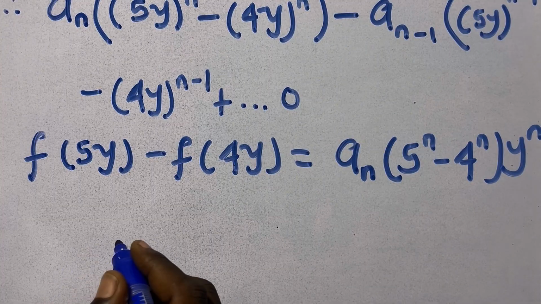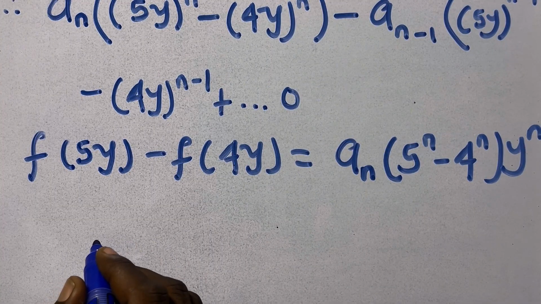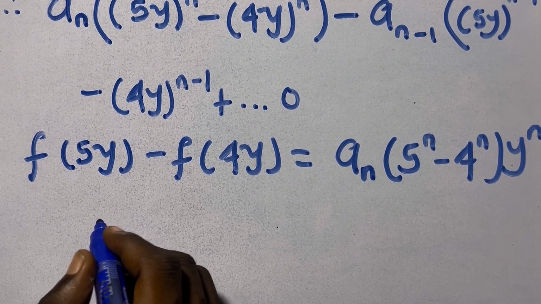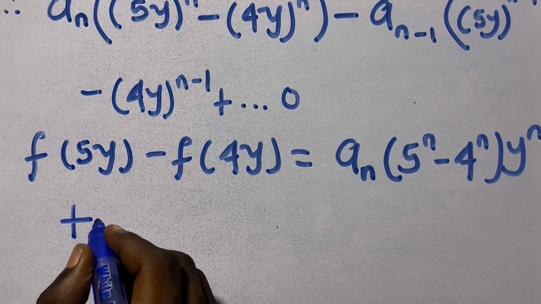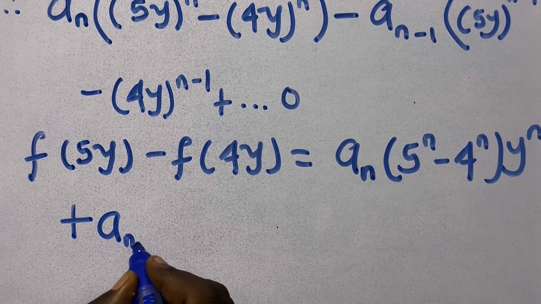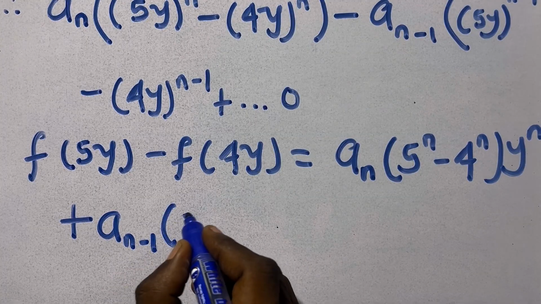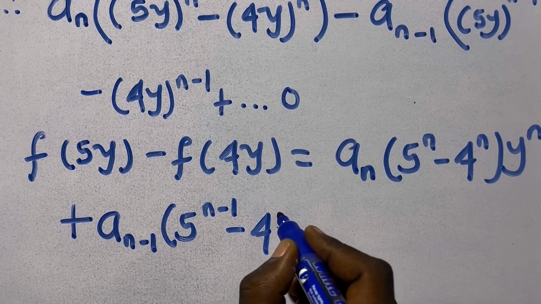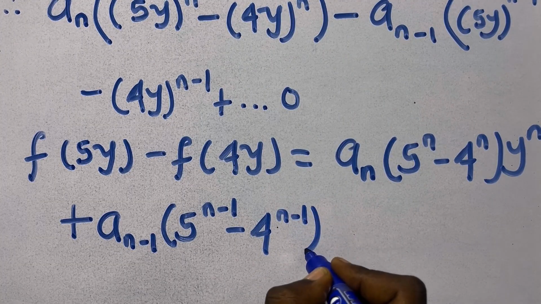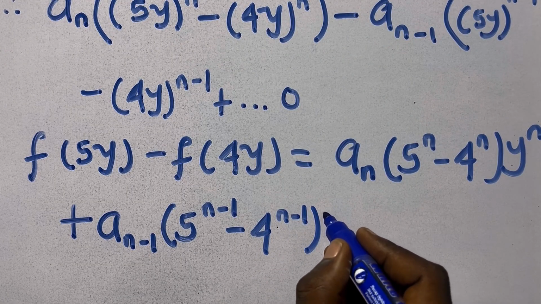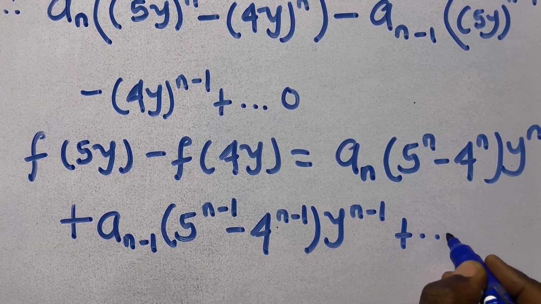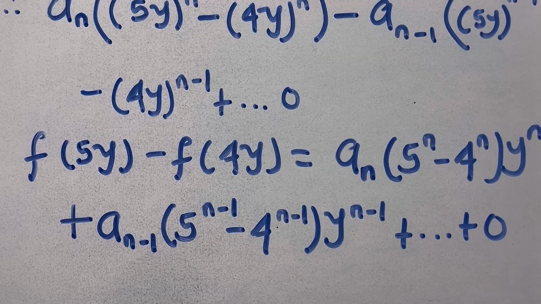Then what is left is plus a subscript n minus 1, 5 raised to power n minus 1 minus 4 raised to power n minus 1, and we have in common also y raised to power n minus 1. So this continues, and remember we have 0 here.